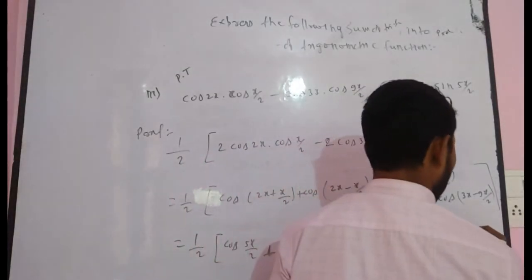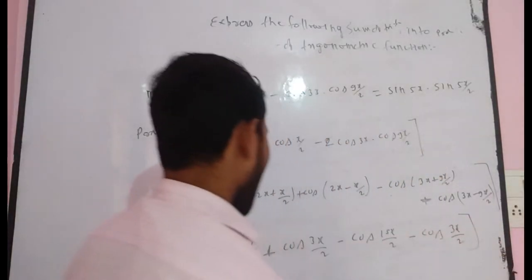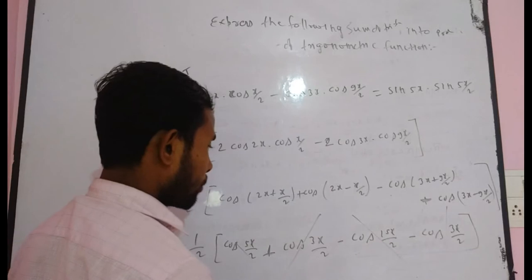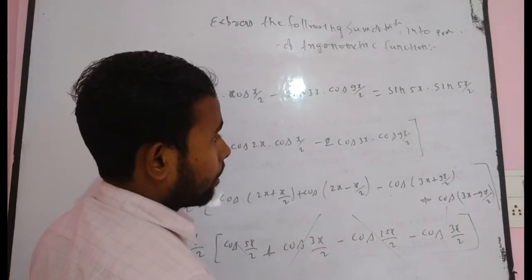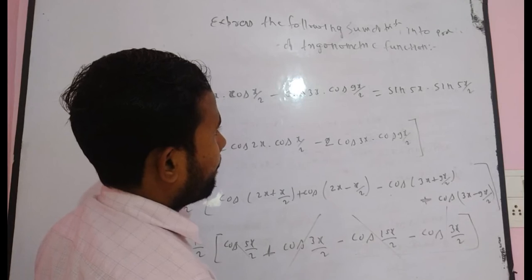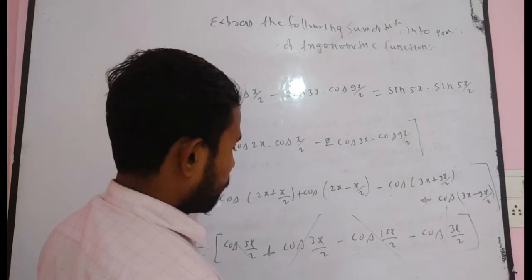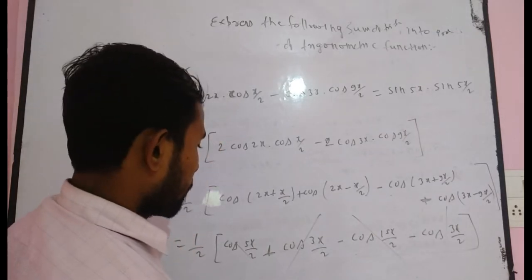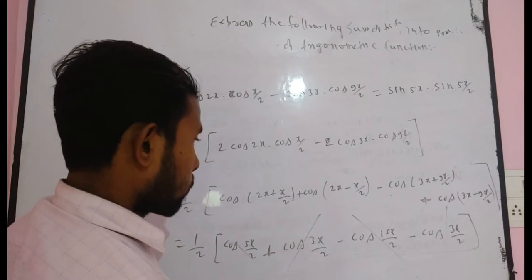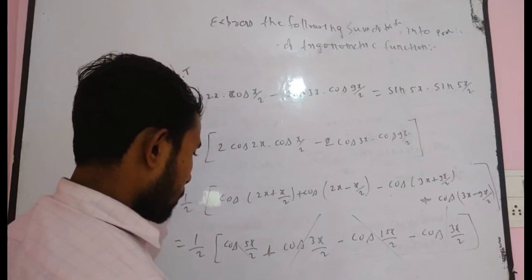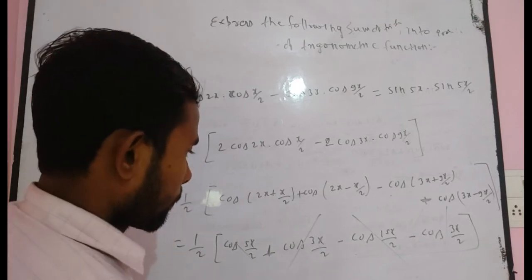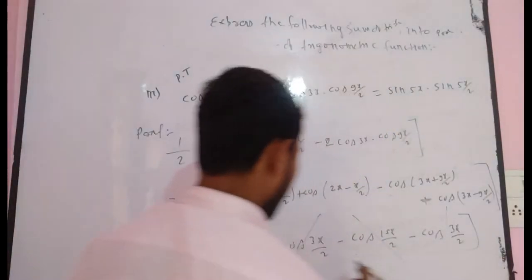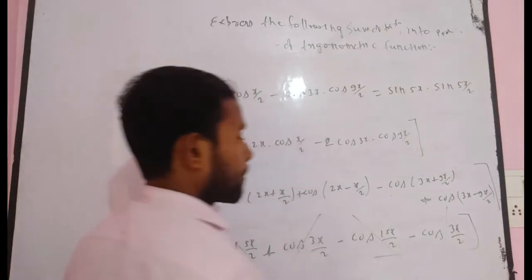So you can write cos 3x by 2. Now cos 3x by 2 minus cos 3x by 2 cancel, and you get cos 5x by 2 minus cos 15x by 2.